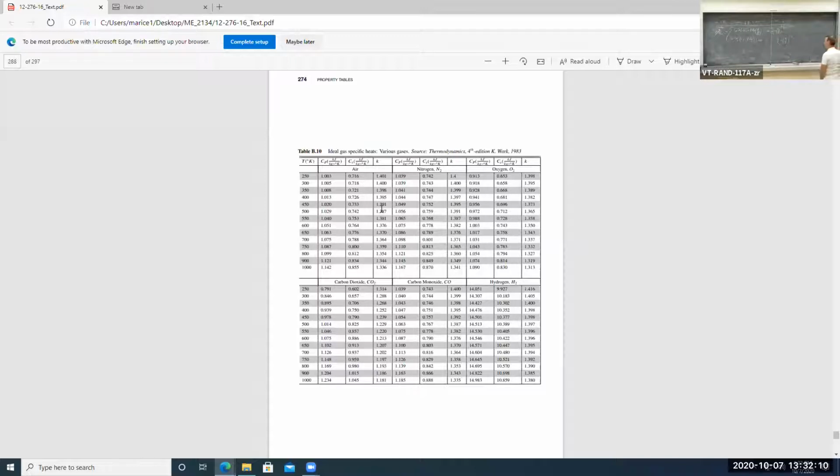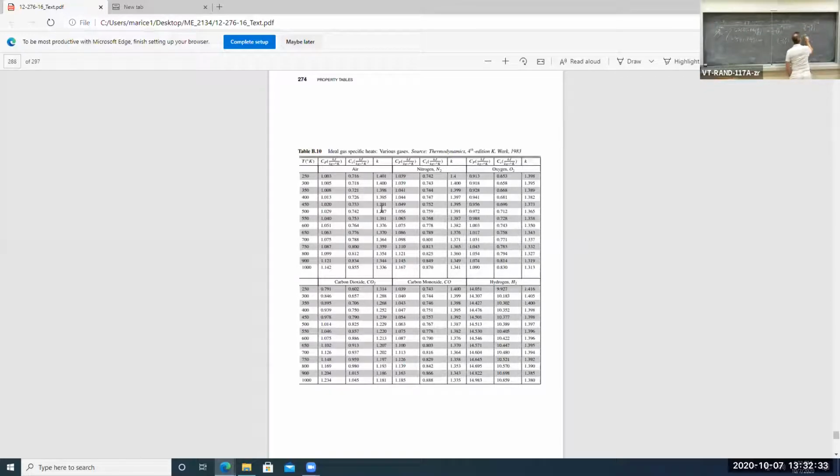Okay, so we have two isentropic property relationships relating temperature, pressure, and volume for a constant entropy process. So let me rewrite these here. T2 over T1 is equal to P2 over P1 to the 1 minus 1 over k, and that's the first one.